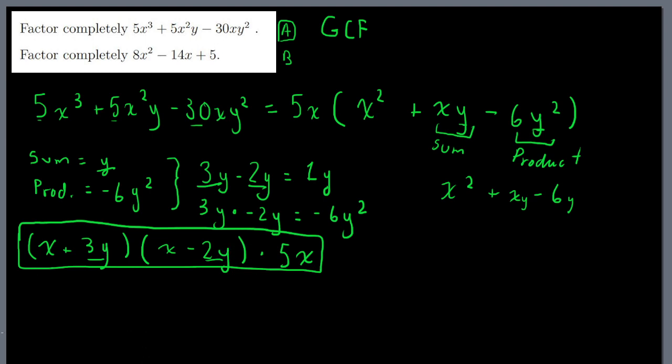Okay, so we're going to go to the next one, which is a rather easy one. We're going to write this down here. So this is B: 8x squared minus 14x plus 5. The coefficient in front of x squared is not 1, so we have to find the common factors of this one and of this one. What are the common factors of 8?